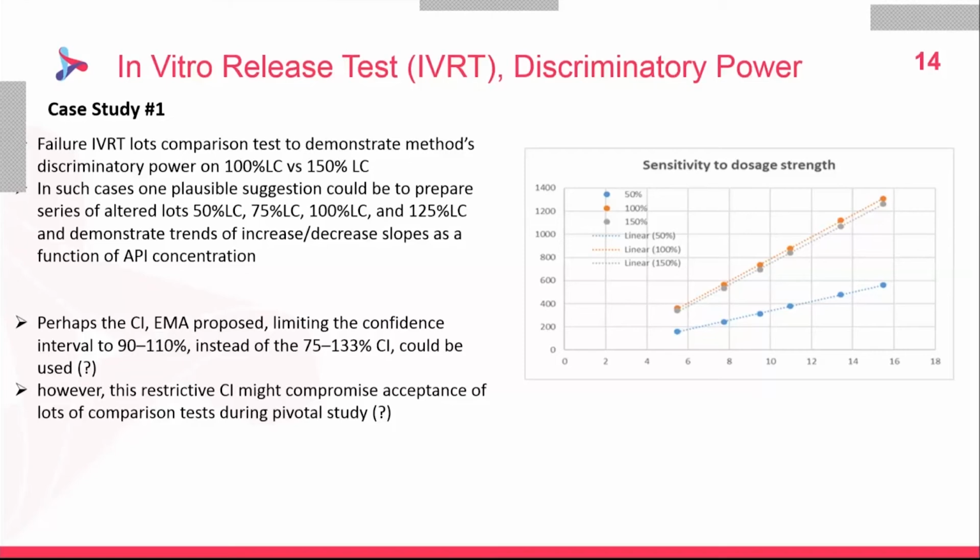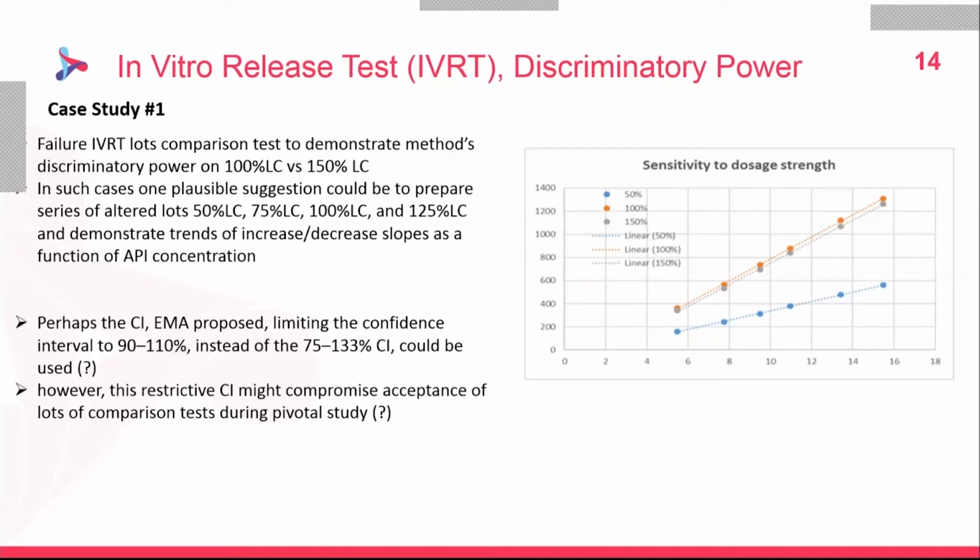In such cases, one possible suggestion could be proposed. Make a series of altered lots, 50%, 75%, 100%, and 125%, and demonstrate trends of increase and decrease of slope as a function of API concentration.